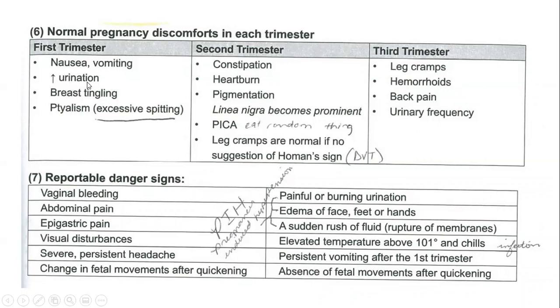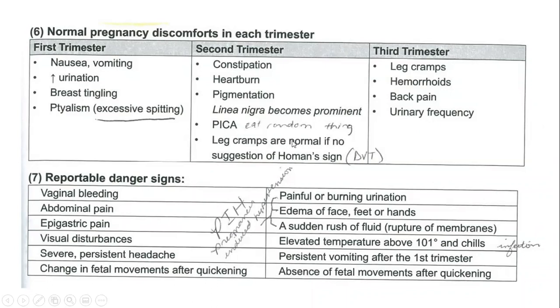Increased urination and breast abnormal or tingling sensation are first trimester discomforts. Second trimester discomforts, but acceptable, include constipation, heartburn, pigmentation like linea nigra, and eating random things, pica.